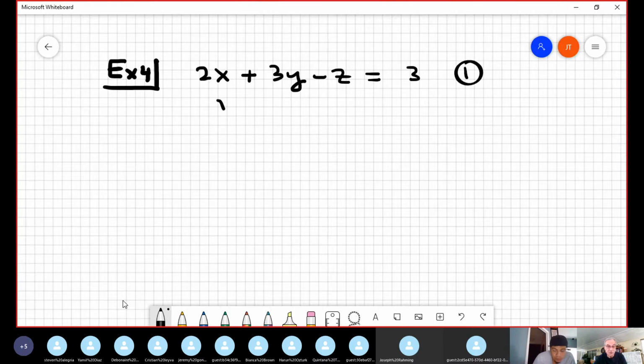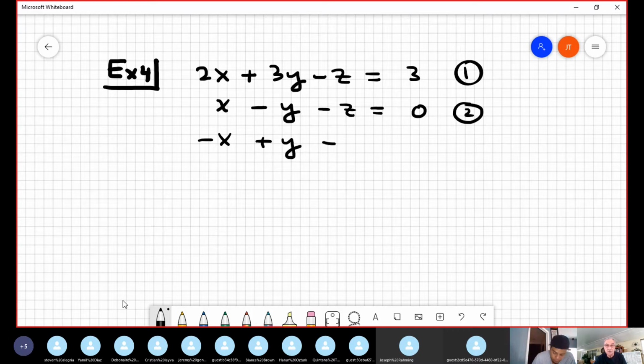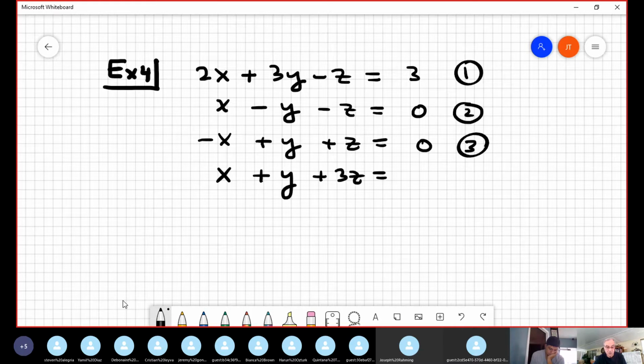The second equation is x minus y minus c equal 0. Equation 3: minus x plus y plus c equal 0 again. And x plus y plus 3c equal 5. Equation 4.